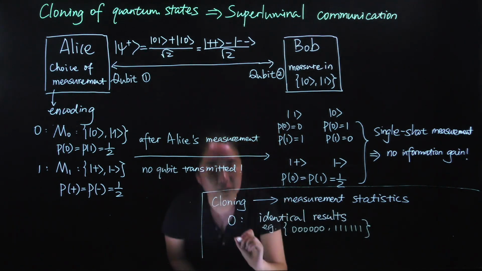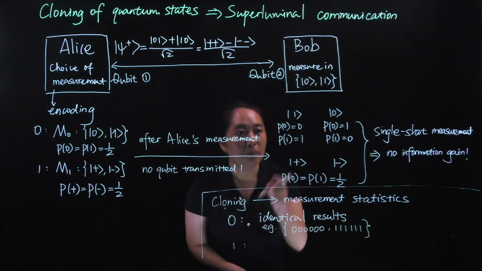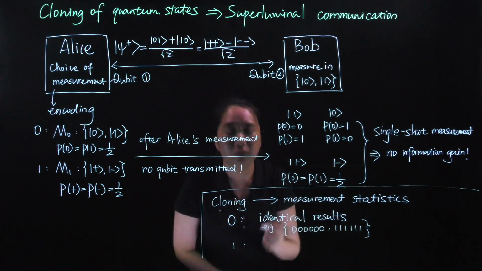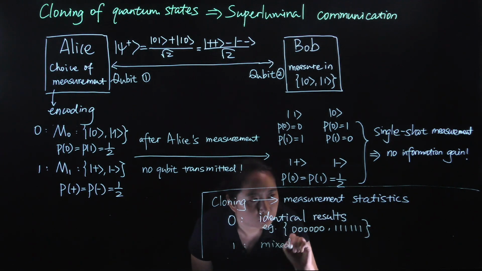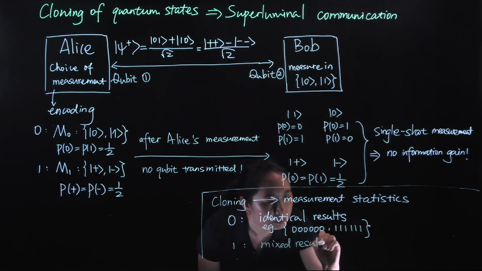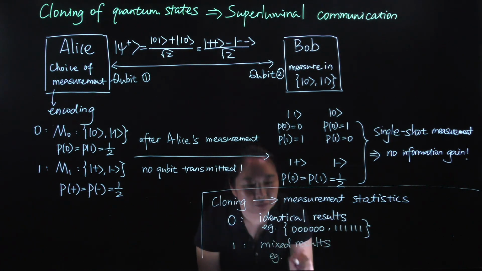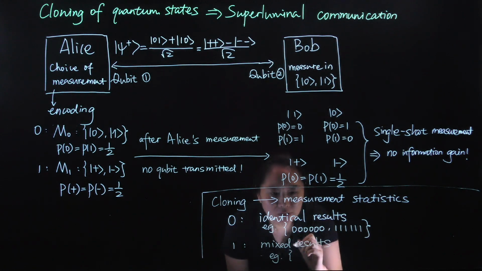In the second case, if Alice wants to send over information 1, Bob would get plus all the time or minus all the time, but for either of them, he will get mixed results. Again, for the same example of measurement on 6 qubits, they will not be all zeros or all ones, but for example, he might get 0, 1, 1, 0, 0, 1.